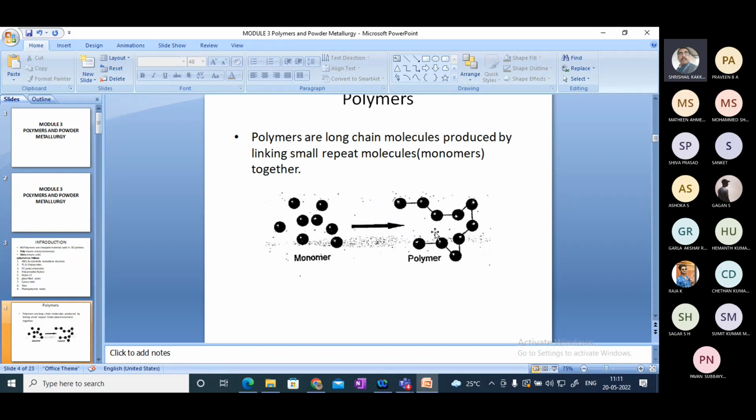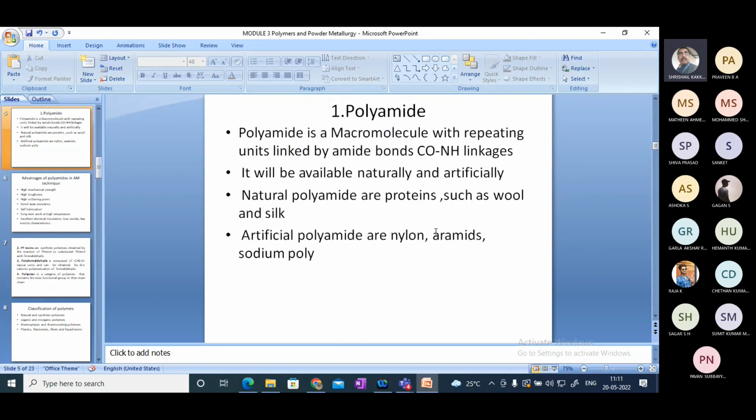The polymers, the repeated chain, will be helping you for many other applications. And the polyamides are again the repeated chain linked by amide bonds, CONH linkages. They are available naturally or even artificially we can generate them.